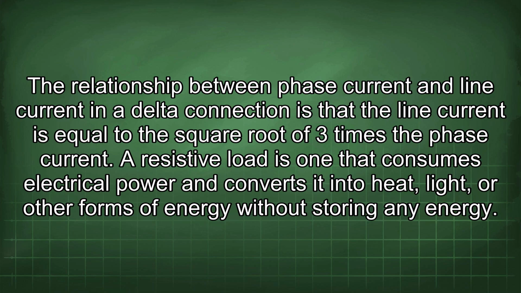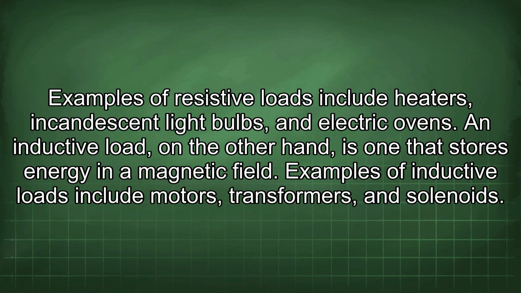A resistive load is one that consumes electrical power and converts it into heat, light, or other forms of energy without storing any energy. Examples of resistive loads include heaters, incandescent light bulbs, and electric ovens. An inductive load, on the other hand, is one that stores energy in a magnetic field.